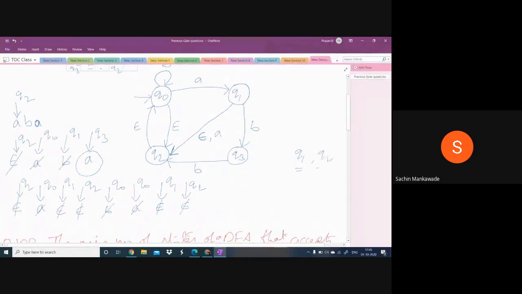Or in Q2 again it takes epsilon, it goes to Q0. So the machine can reach Q0 also. Now in Q0 it has not defined for epsilon, so it stops in Q0. So the machine can stop in Q1, or Q2, or Q0, and the input string is scanned completely. So the possible states are Q0, Q1, Q2. So this is the answer.